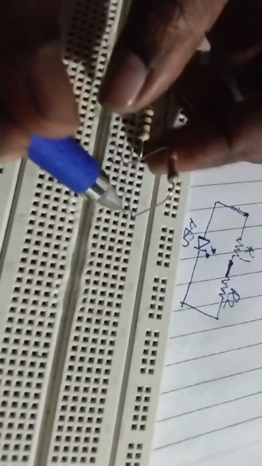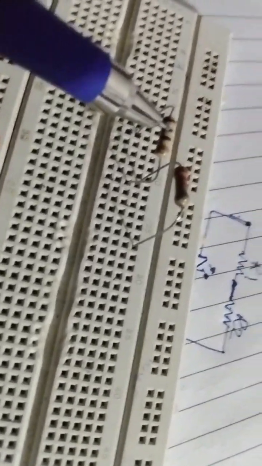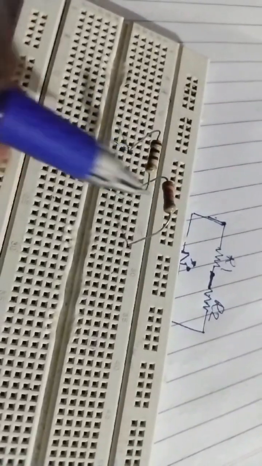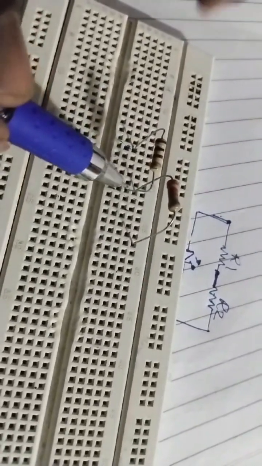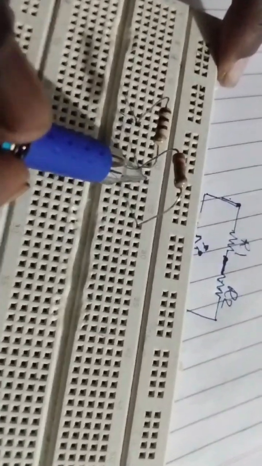You connect this anywhere here. You can see, according to your circuit, this is your R1, this is your R2, and in between there is a connection. You have to connect in the same line, then only a connection is built between the R1 and the R2.